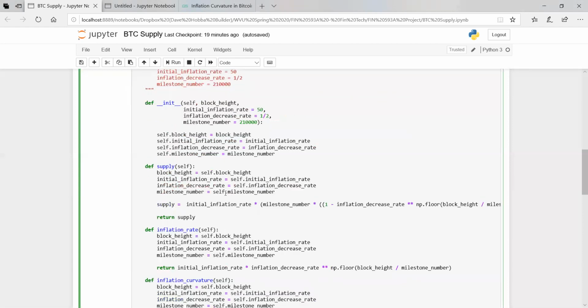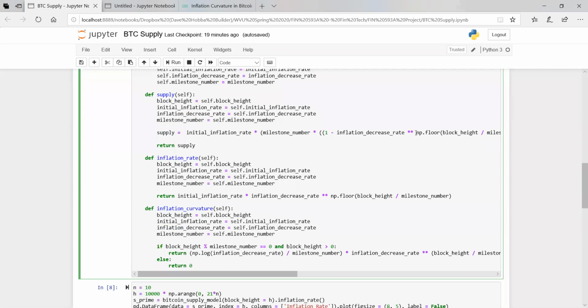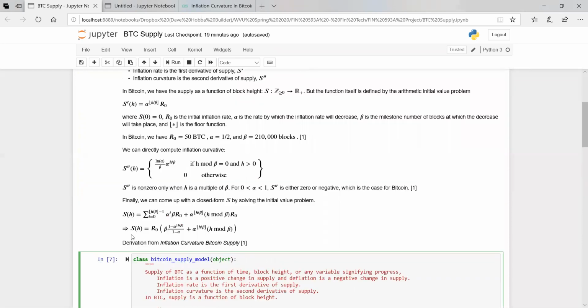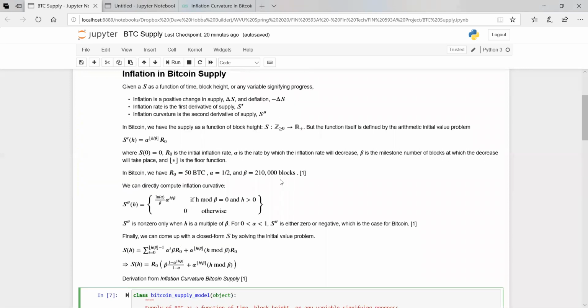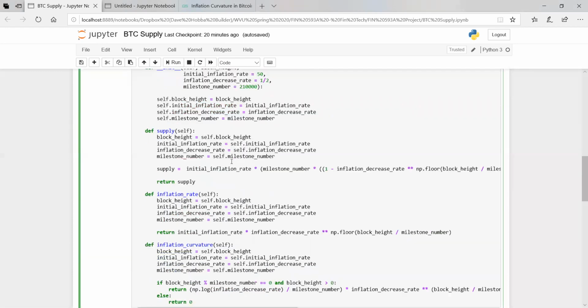And then to calculate the supply, I already keyed in the formula. This is the formula right here. So supply of H, S of H, where H is equal to block height. I don't see H up here. Maybe I forgot to type that, but you'll see it on the article or on the blog.